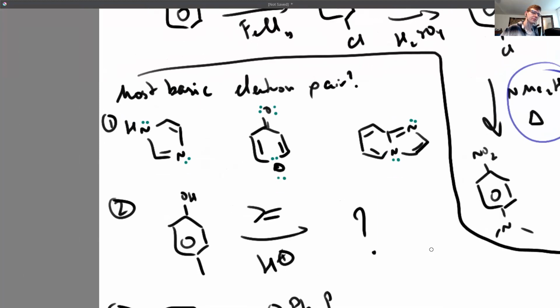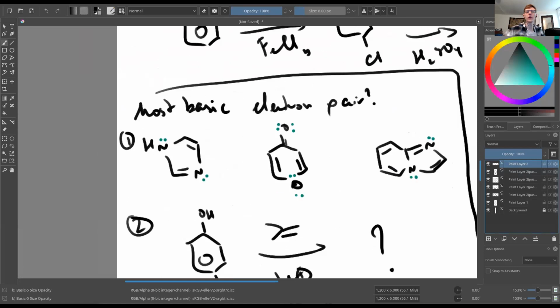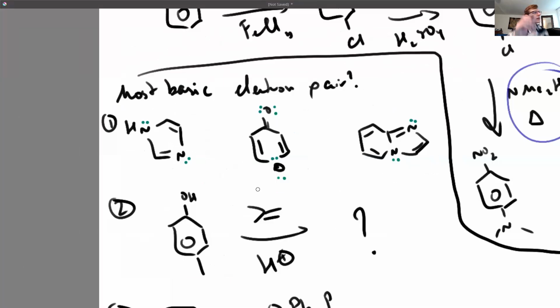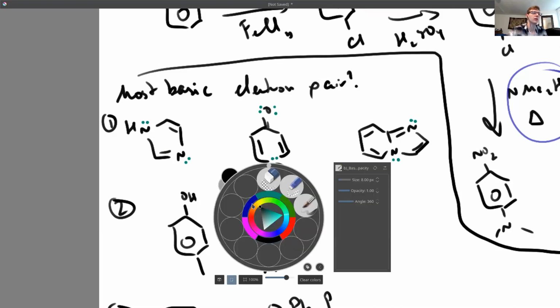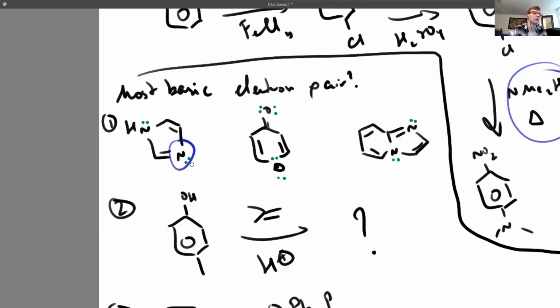All right, well, let's see. The first one, I guess would be the nitrogen that doesn't already have a hydrogen on it. Yes. This is sort of weird, I've never actually thought this way about any molecules, like which one would have the most basic electron pair. And then the second one, the non-carbonyl oxygen, perhaps.